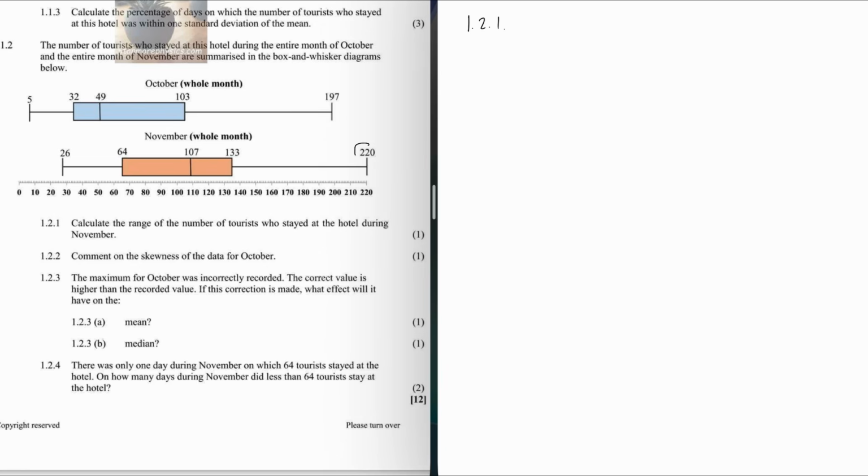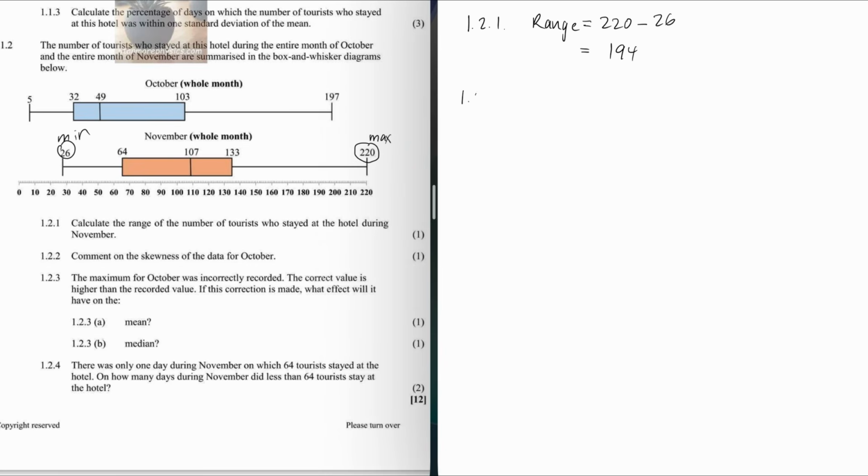So this is going to be the maximum value, and this is going to be the minimum value. So range is equal to the maximum, 220, minus the minimum, 26, and that's going to give us an answer of 194. So 194 tourists is the range.